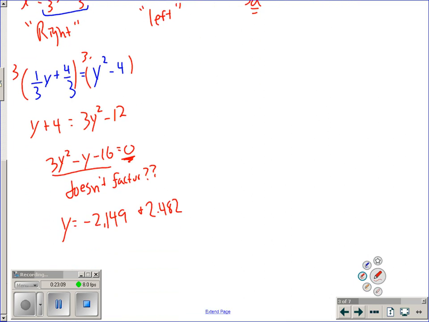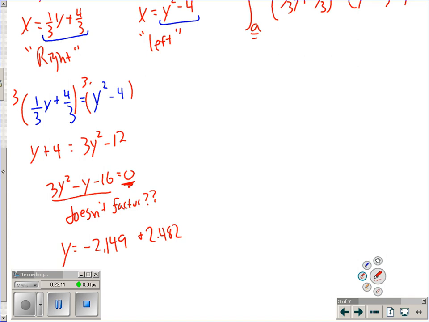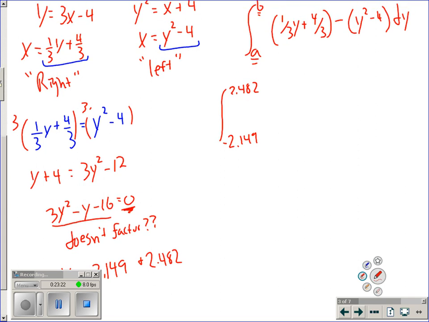So finding those intersections makes my interval from negative 2.149 to 2.482 of my right function, which is 1/3 y plus 4/3, minus my left function, which is y squared minus 4.